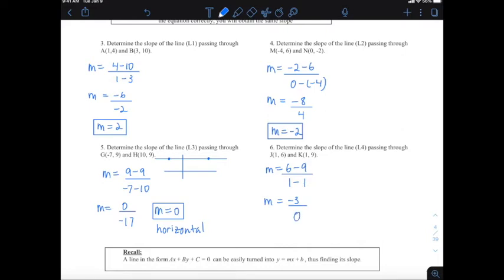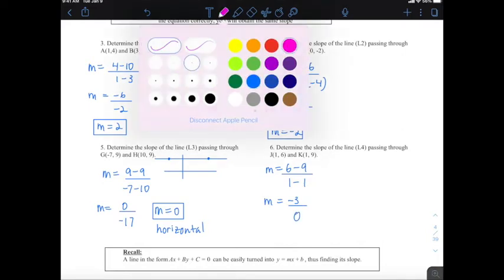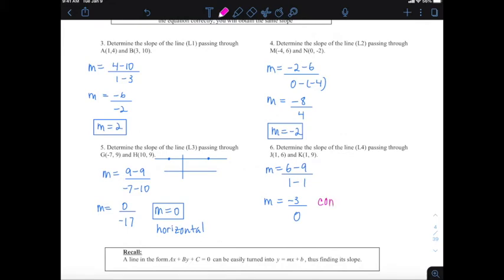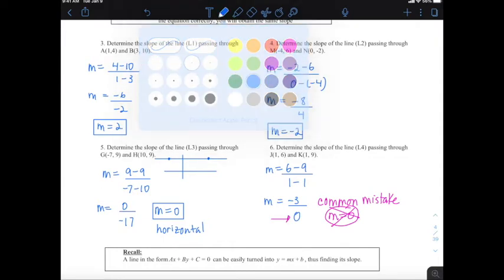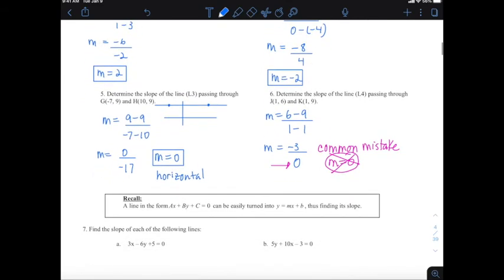Okay, guys, let me stop here and mention a common mistake. A common mistake is that guys tell me that m equals 0 here, and this is not true. The 0 is in the denominator. If I took out a calculator and tried to calculate -3 divided by 0, I would get an error, because here m is undefined.